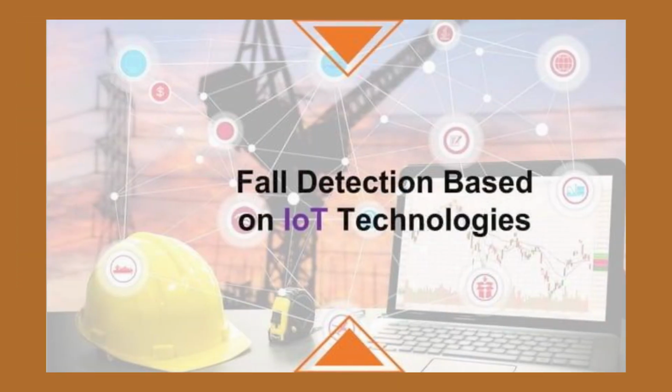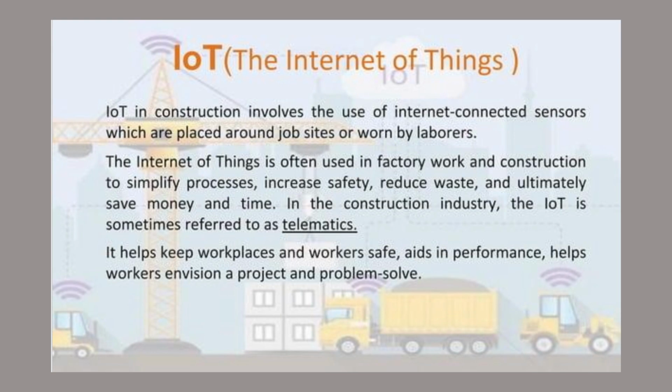Fall protection based on IoT technologies. IoT, the Internet of Things. IoT in construction involves the use of internet connected sensors which are placed around job sites or worn by laborers. The Internet of Things is often used in factory work and construction to simplify processes, increase safety, reduce waste and ultimately save money and time.